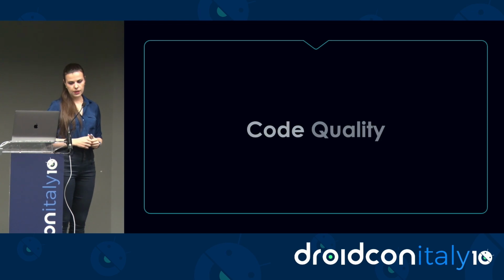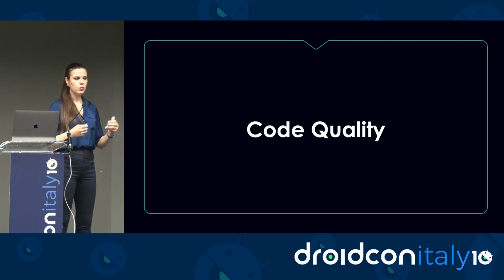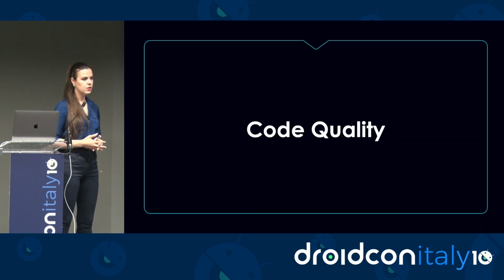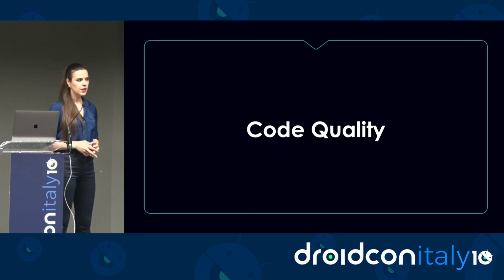And the last thing that I would like to talk about today is code quality. Now, code quality is not an app quality per se. But I added it here because, let's say you've built your high-quality app, right? You add it on Play Store. And your intention is that a lot of people use it for a very long time, right?